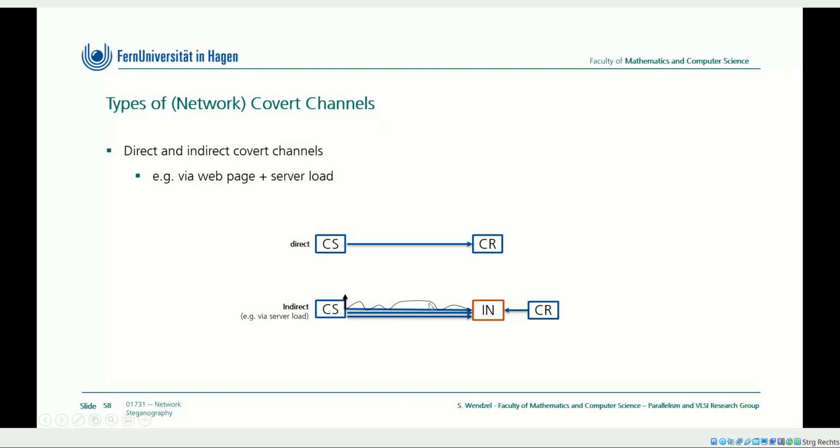If it's higher, there are more requests per second, and so it influences the system load on the intermediate node. Now the covert receiver at the same time can poll data from the intermediate node and measure the response time. When the intermediate node is busier, the response time will take longer, and so the system load can also be inferred by the covert receiver, and that would be an indirect network covert timing channel.